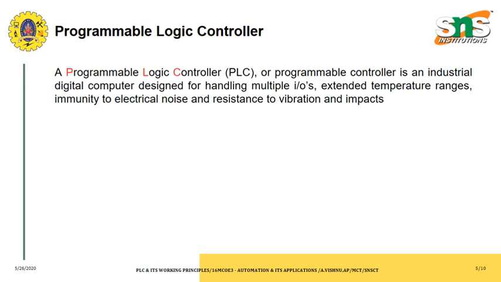So during those times it does not have to react to these ambience changes. It has to build an immunity to avoid the noises affecting the systems, and also have resistance to vibration and impacts.